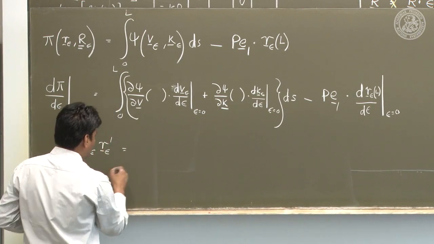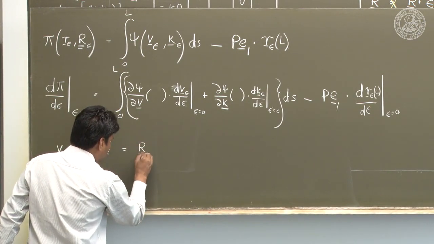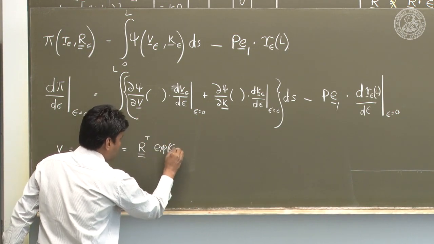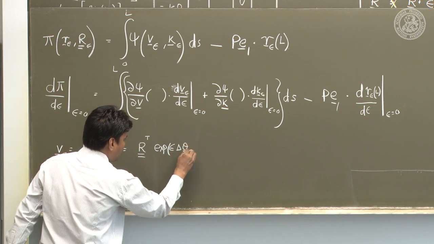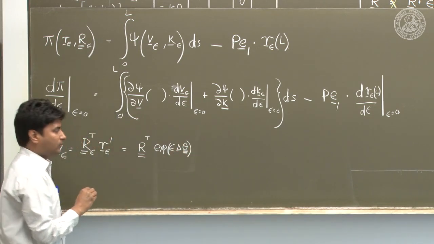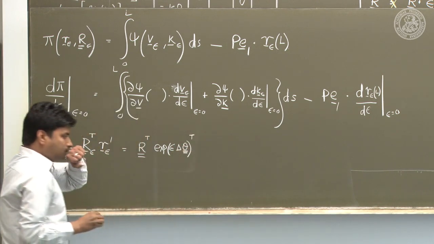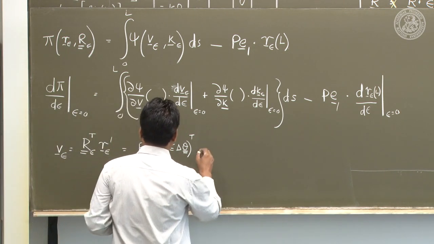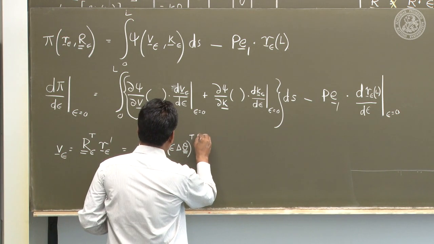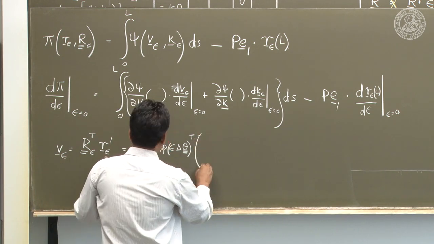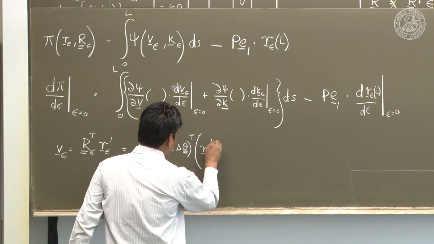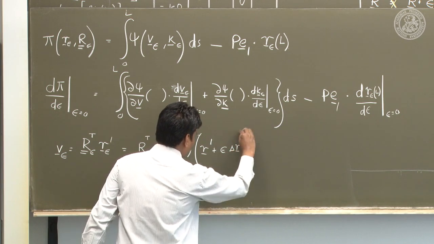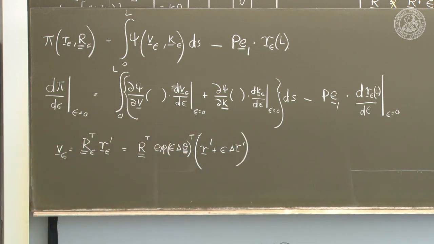I want its transpose, so it becomes R transpose into exponential of epsilon delta theta, transpose, right, into a small r prime plus epsilon delta r prime, isn't it?